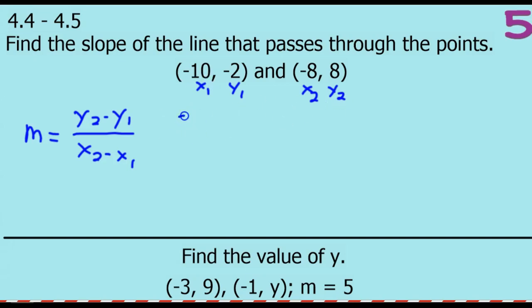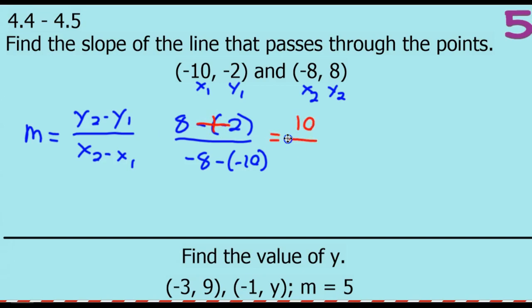So we have 8 minus a negative 2 over negative 8 minus a negative 10. Now I see 2 negatives in a row. I can make those positive. So 8 plus 2 gives us 10. Here 2 negatives in a row as well. Negative 8 plus 10 gives us 2. We can divide both of these by 2 and we get 5 over 1, or just 5. Our slope is 5.